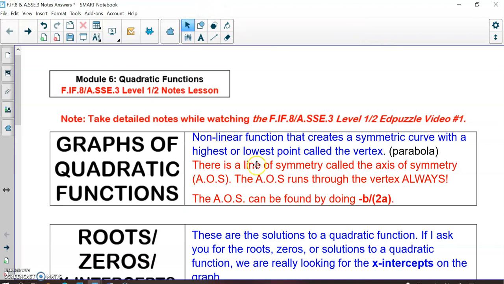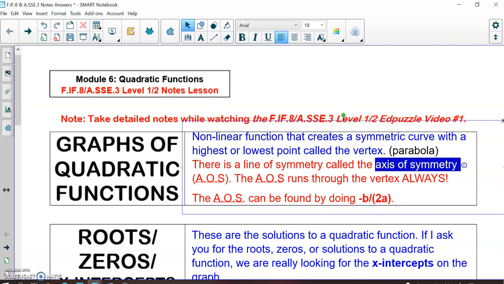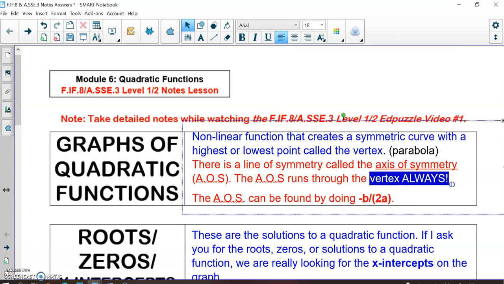All right. On a parabola, there is a line of symmetry, which is called the axis of symmetry, sometimes abbreviated as AOS. The axis of symmetry will run through your vertex of your graph always. The vertex is where the graph is going to split into the symmetric curve.